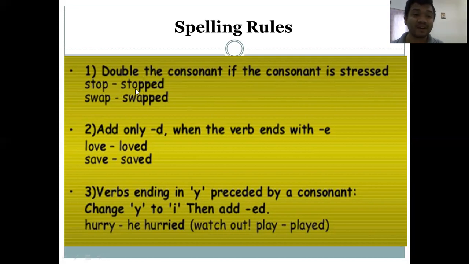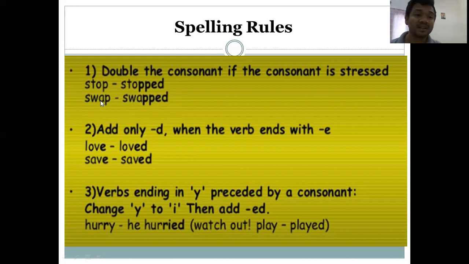And then you have to double because this is what we call the CVC, or this is the vowel sound here, or the vowel letter. So O, you have to double that. So you have to double P, and then add ed. Swap. Okay, swap, swapped. You have to double that if the consonant is stressed.